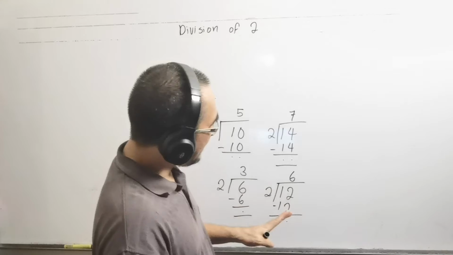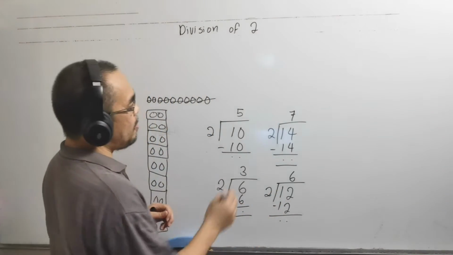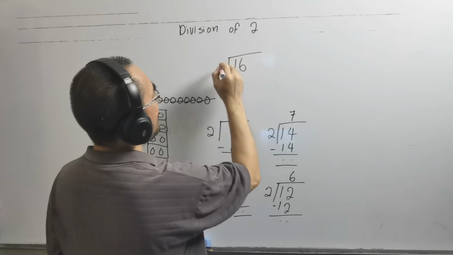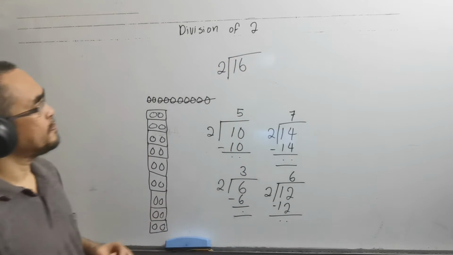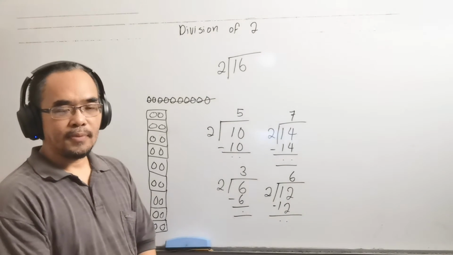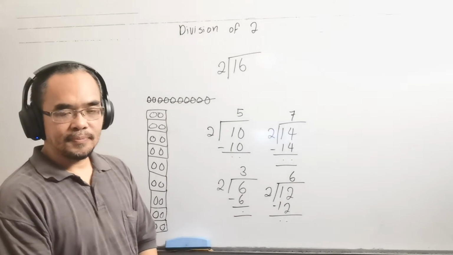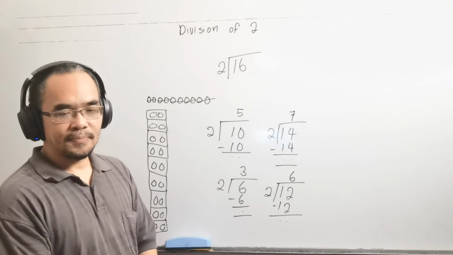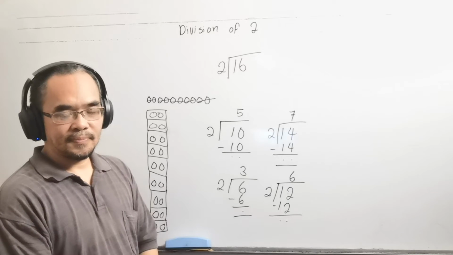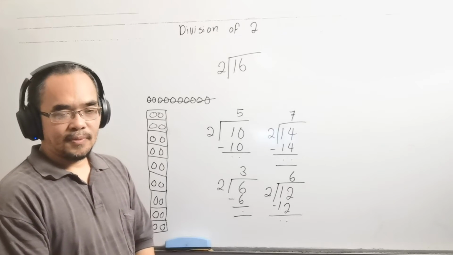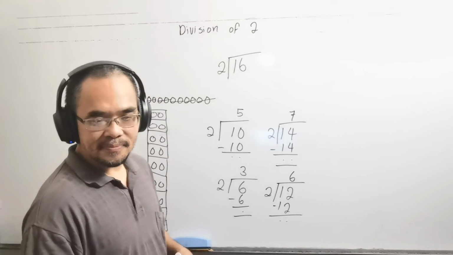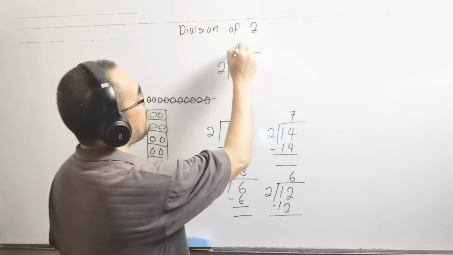Okay. Then we do some more. How about 16 divided by 2? Eight. Where do you write 8? On top of 6.